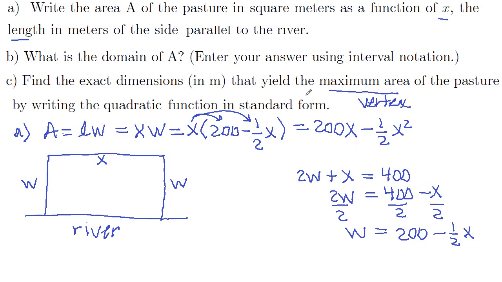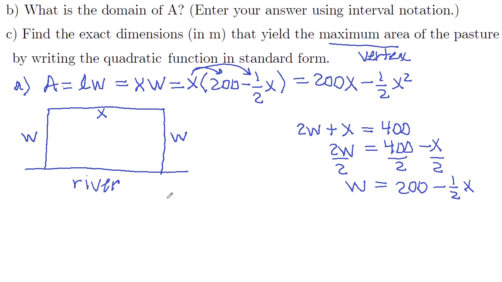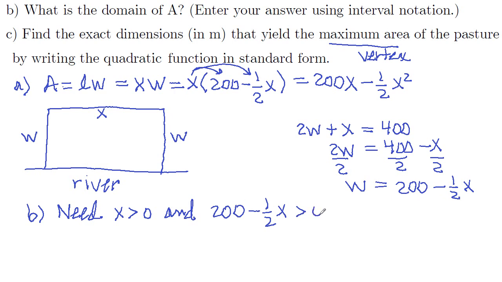Part B, what is the domain? So the domain here in part B, we need to have our length, which is x, be greater than 0. And we also need our width, which is 200 minus 1/2 x, to be greater than 0. So x needs to be greater than 0. If we bring this over as a negative, that will be 200 is greater than 1/2 x.